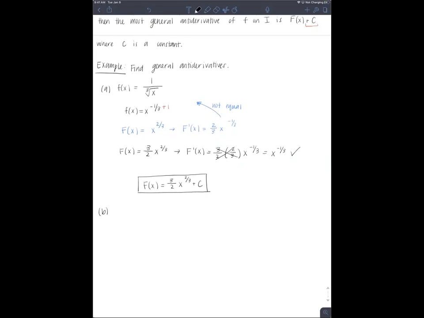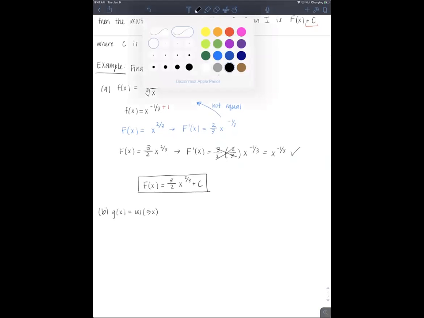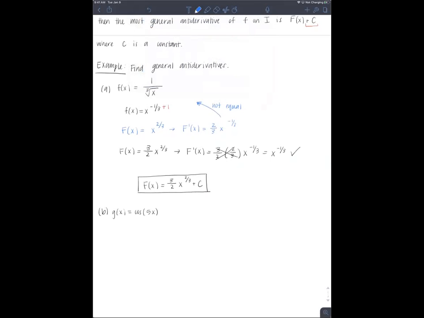So then in part B, we're going to look at little g is equal to cosine of 5x. And so I can't really rewrite this, but if I focus on just cosine, what would the antiderivative of cosine be?